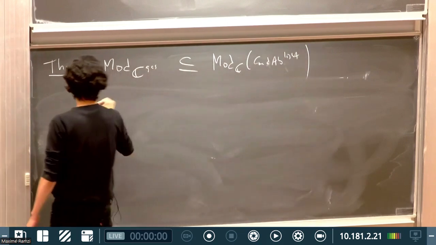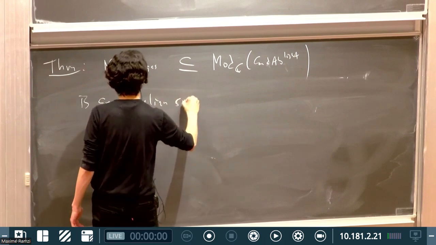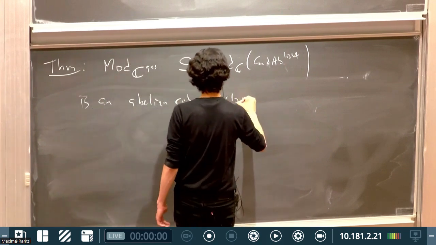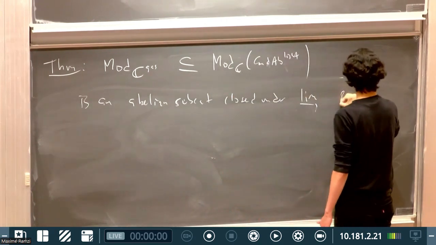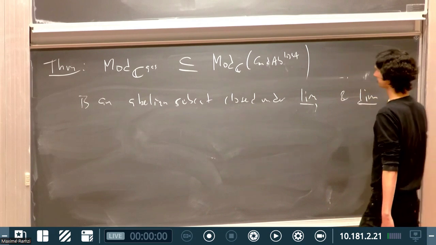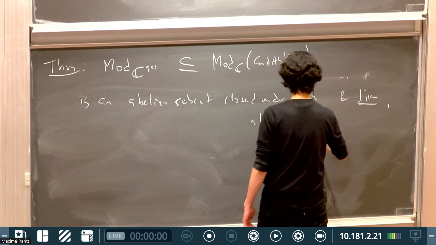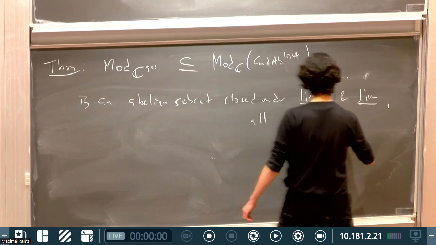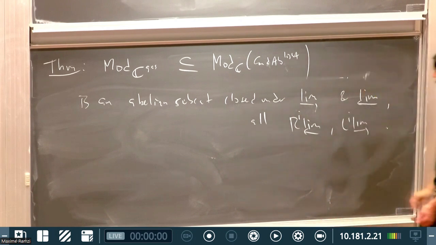This is an abelian subcategory closed under all colimits and limits, and also all R^i lim, and whatever higher derived functors of colimit.